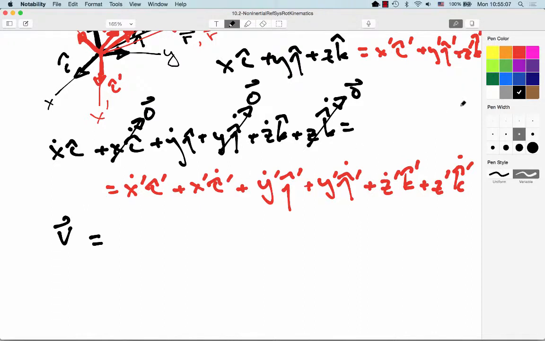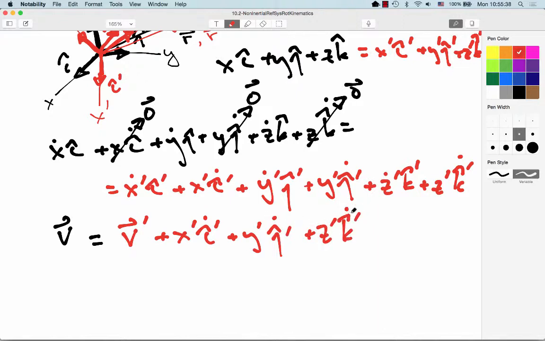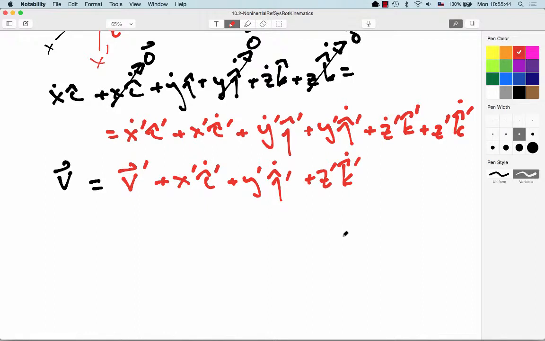And then I can pull out the terms where the unit vectors are undifferentiated. That would be the velocity measured in the rotating frame. But we're still left with three terms that we have to work with: the x prime i hat prime dot, the y prime j hat prime dot, and the z prime k hat prime dot. So we have to find the time derivatives of these unit vectors.